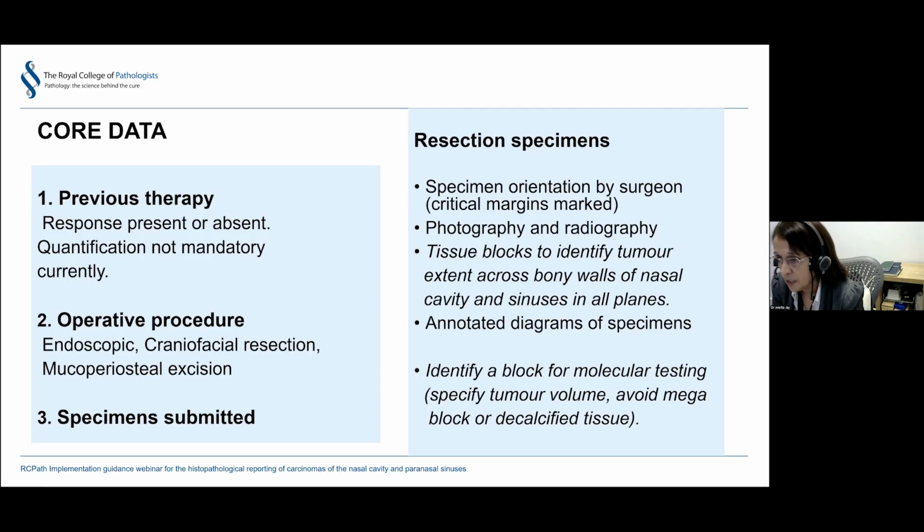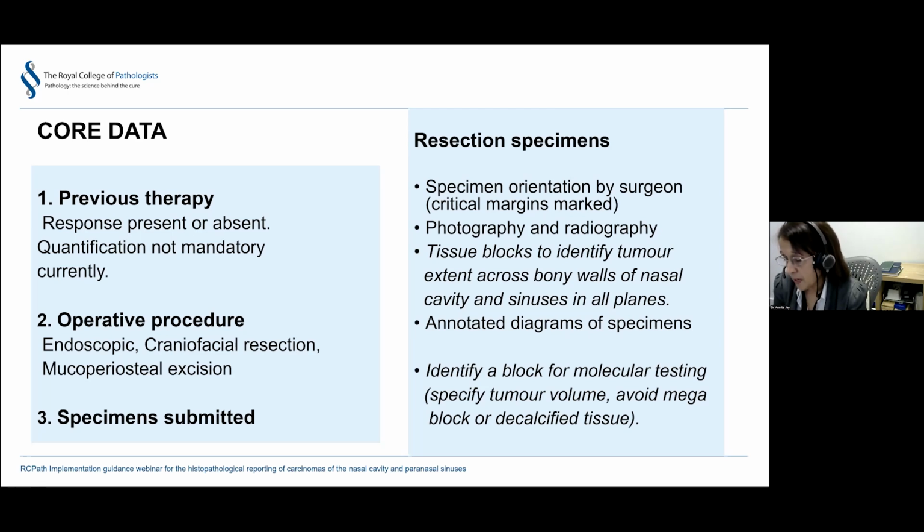And obviously we do take photographs and radiographs for all our head and neck specimens. But it's especially important in this region because we have to identify the different bony walls of these sinuses and ensure we sample tumor tissue and the background tissue in all the different bony walls of the sinonasal region.